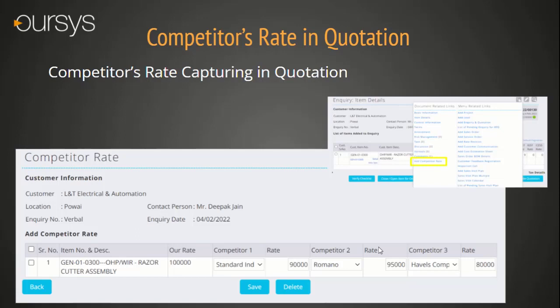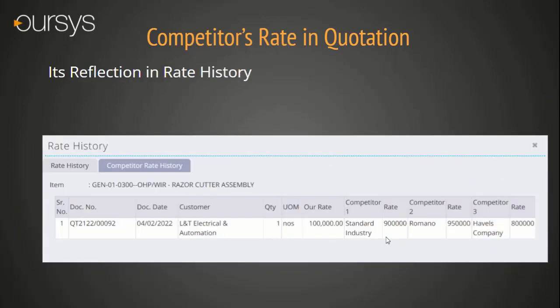Once you click on that, the system will allow you to update at least 3 competitor rates for reference purposes. Once you update the rate, next time when you book a new inquiry, in that inquiry detail page a rate history link is given. Once you click on that, we have added a new tab called competitor rate history. This rate history will help you to quote in a better way.